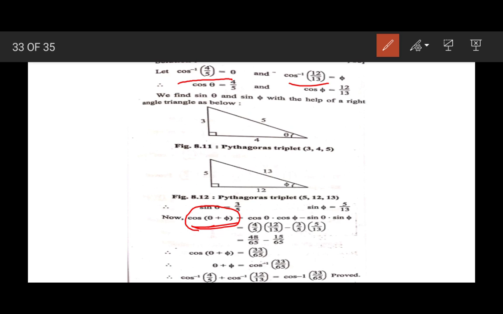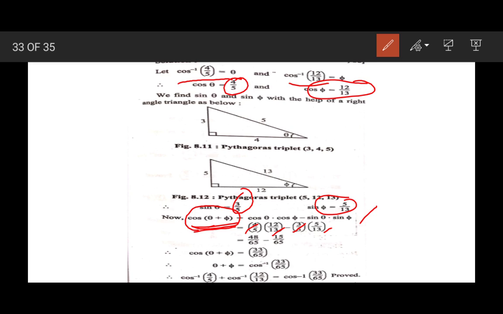And this is nothing but the cos A plus B form. So I have to apply the cos A plus B formula, which is equal to cos A cos B minus sin A sin B. So cos theta is 4 upon 5 into cos phi is 12 upon 13, minus sin theta is 3 upon 5 into sin phi is 5 upon 13.